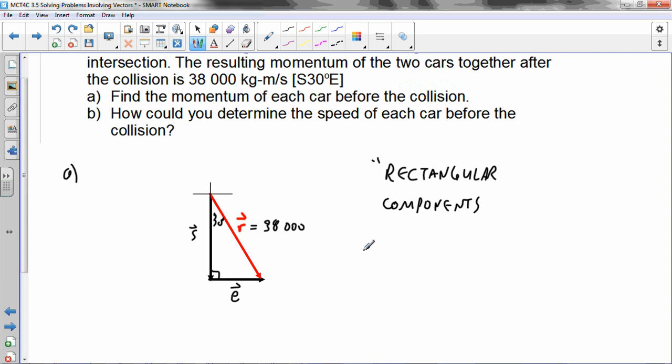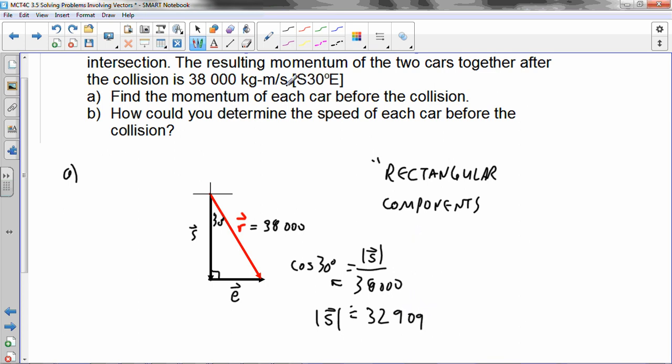If I wanted to find S, that's the adjacent side. So I'm going to use the cosine of 30 degrees is the adjacent side over the hypotenuse. And I can see that the southerly component is a little bit higher, right? So cross multiply and you get about 32,000, almost 33,000 kilo.